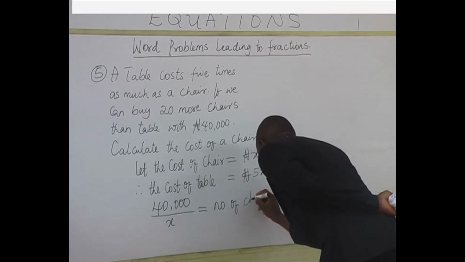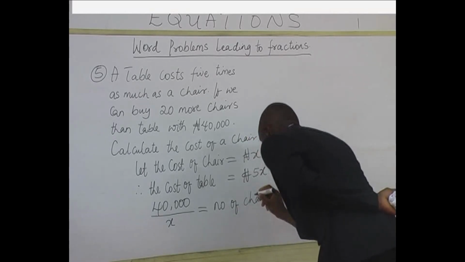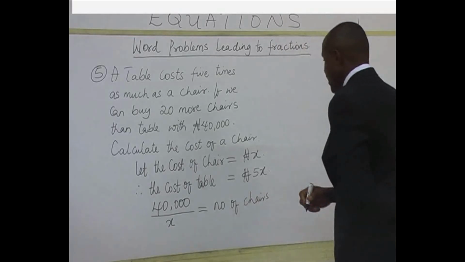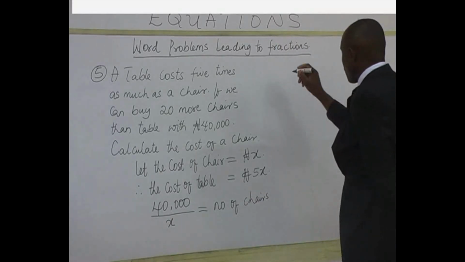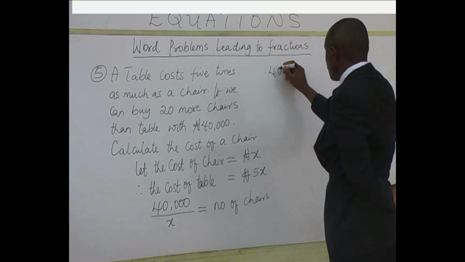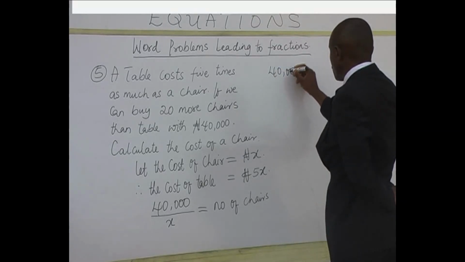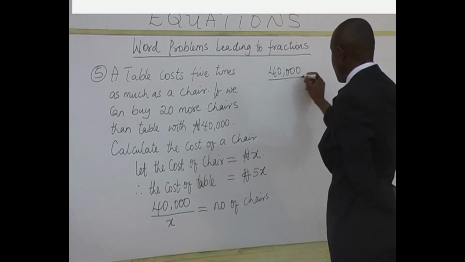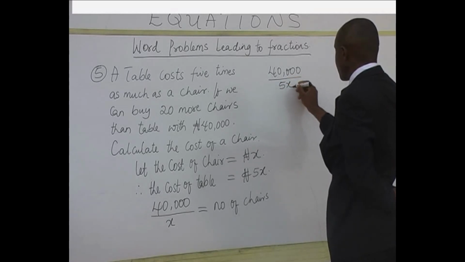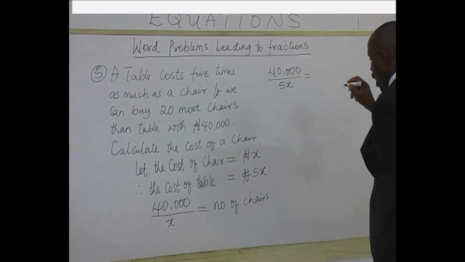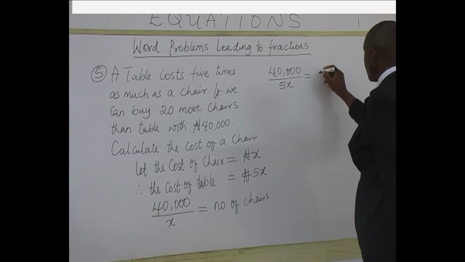Likewise, 40,000 divided by 5x is giving you the number of tables.